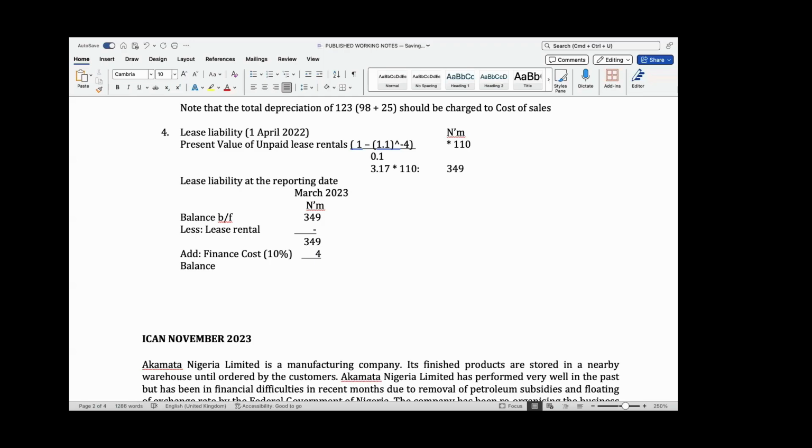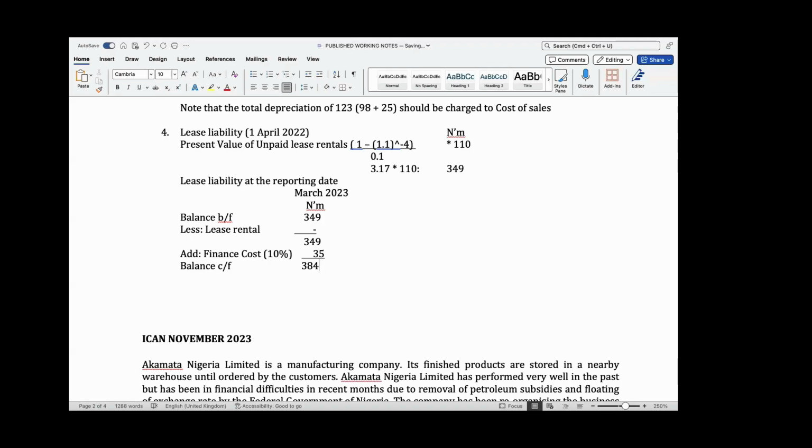So what's the balance carried forward? Sorry, the finance cost, is it not 10% of 349? Yes, that should be 35. So 349 plus 35 is what? It's 384.